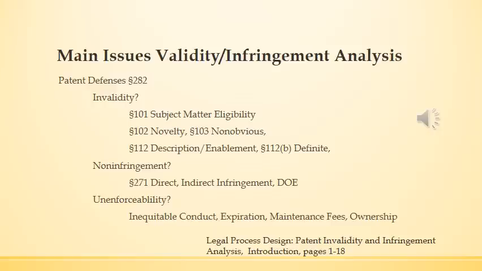And as we can see here on the slide, the subject matter eligibility, section 101; novelty, section 102, is the invention new, of course, which is a question you answer by doing a prior art search; and is it not obvious in light of the prior art, of course. All of these issues can become quite complicated, as you know.